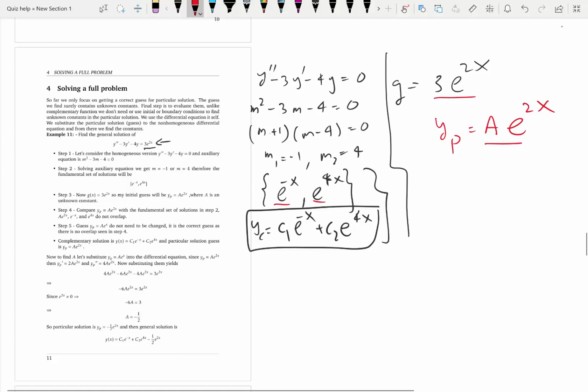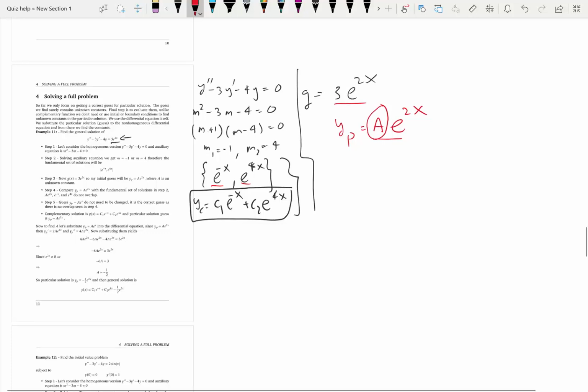Now, how do we proceed? Because we have our particular solution with the unknown constant, our goal here is to find this constant A. That should be our goal. That is how we solve a full problem. So how do we do that?